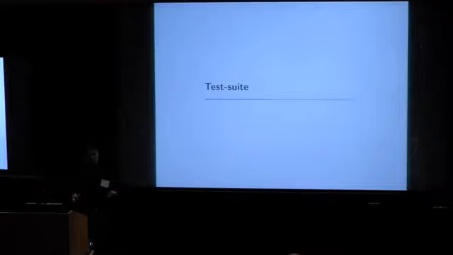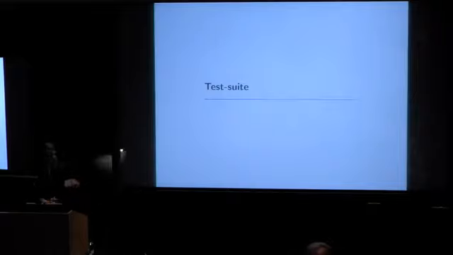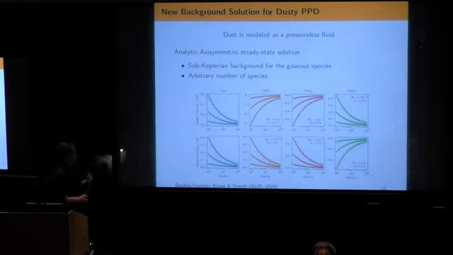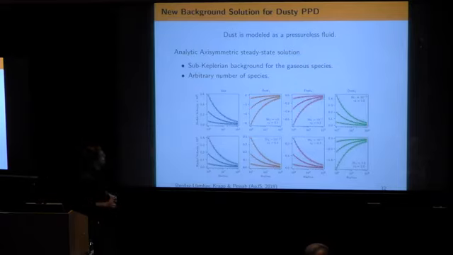In order to test our method, we made a test suite. It consists of something like five or six tests that are in the paper. I'm not going to explain all of them. I'm only going to focus on one that might be interesting for this meeting, which is the radial, or background, equilibrium solutions for a protoplanetary disk when you consider an axisymmetric problem. So far, I didn't talk about dust.